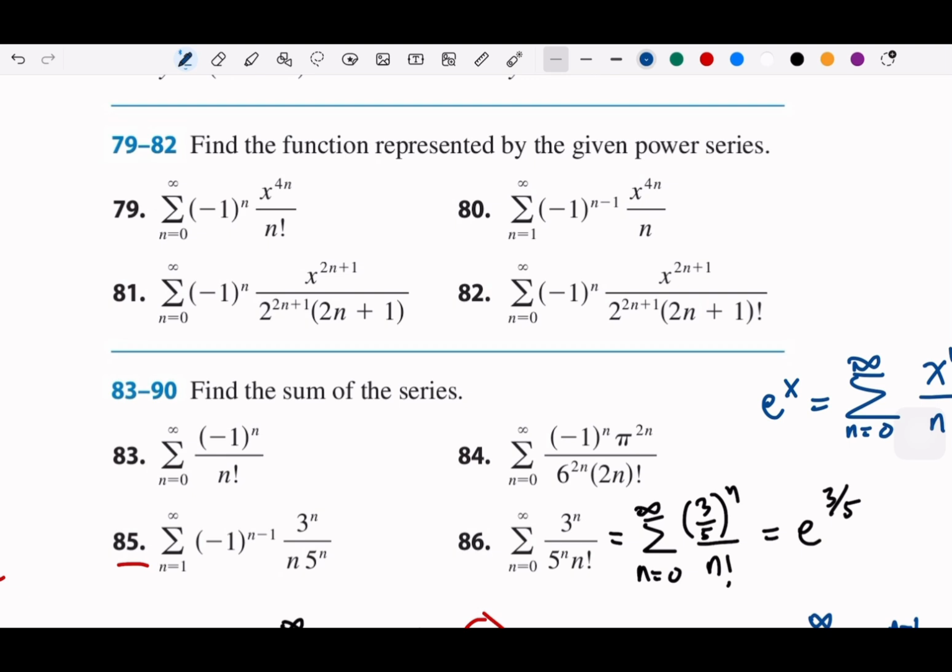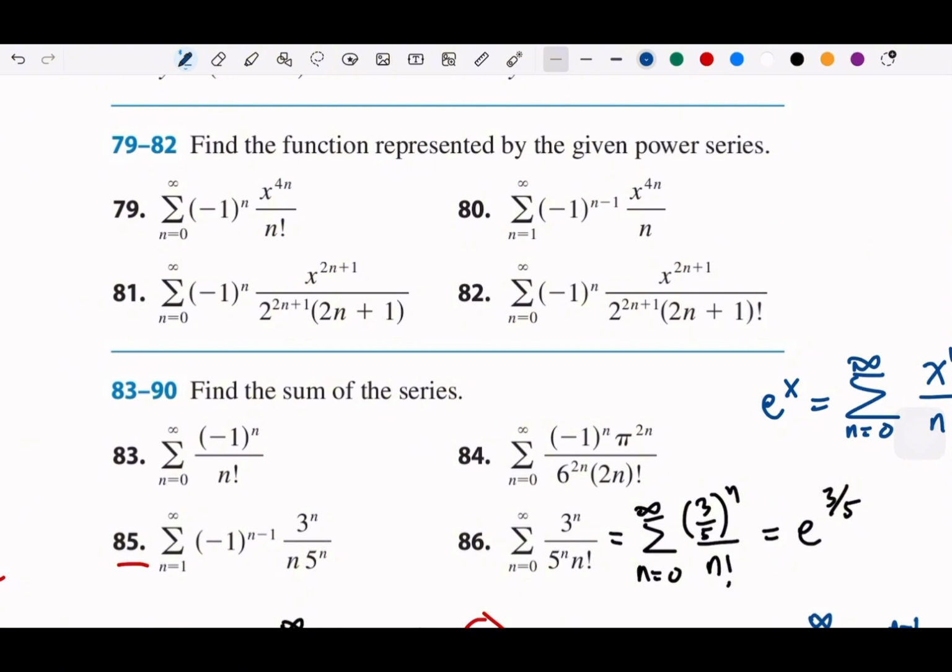We have the odd number factorial. That one should be sine, right? So this will be sine of x over 2. And looking at number 81, it looks similar. It has an odd number, but without factorial. These conditions will be for tangent inverse.